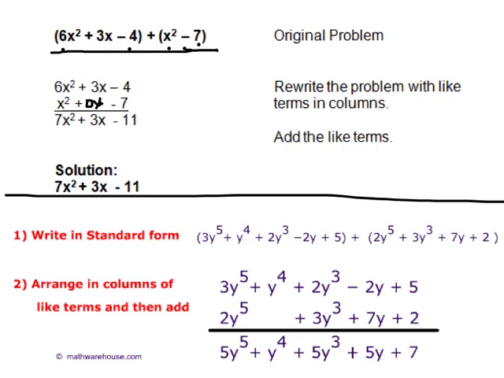So when I add those together, 6 plus 1 is 7x squared, 3 plus 0 is 3x, and -4 and -7 is -11. Alright, here's another one. Here is standard form written out horizontally, and then we arrange them in the columns of like terms. If there is an absent one, like here, you can put a 0 as a placeholder if that would help you, and then you just add.